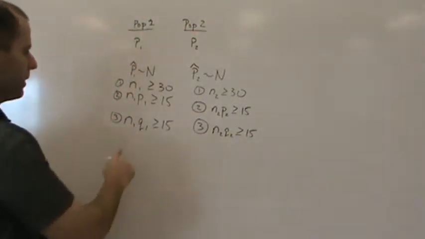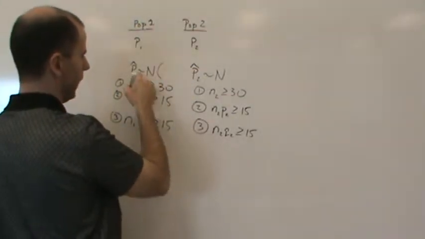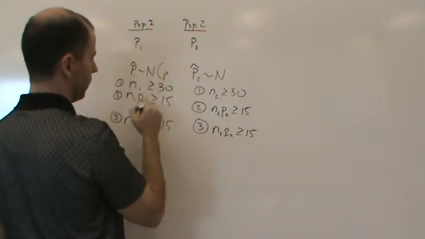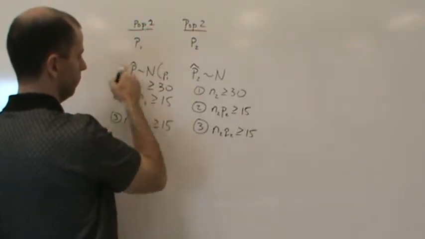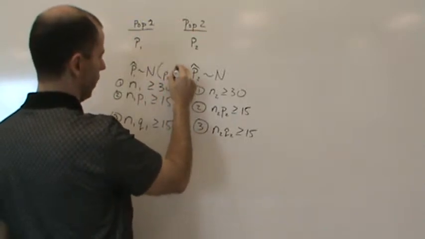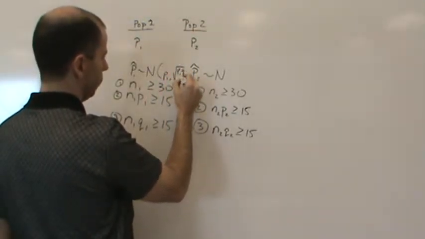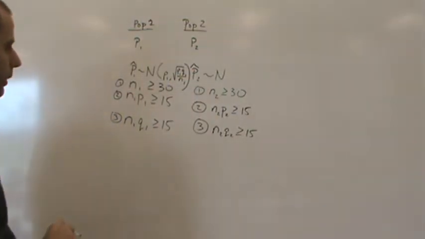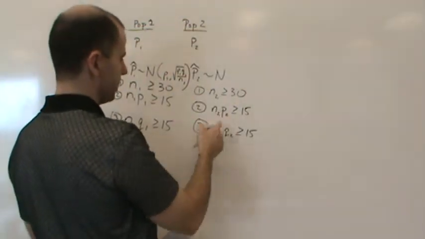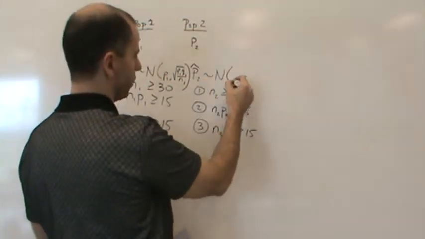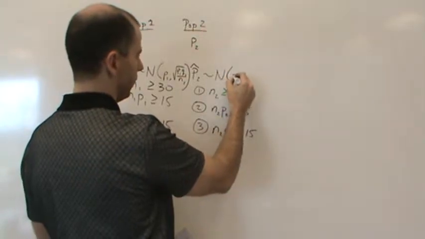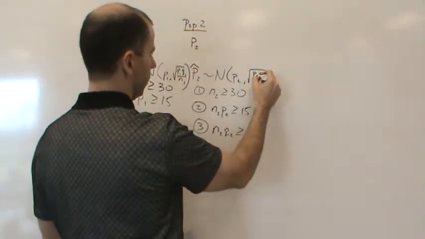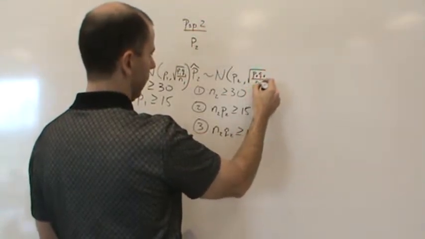So now, if these conditions are met, then I know that P1 hat has a normal distribution with a mean of P1 and a standard deviation of the square root of P1 Q1 over N1. Now, if the second population meets these conditions, then P2 hat is also normally distributed with a mean of P2 and a standard deviation of the square root of P2 Q2 over N2.